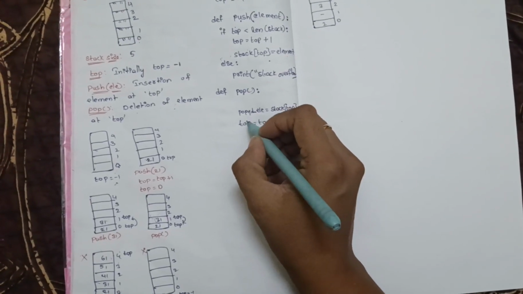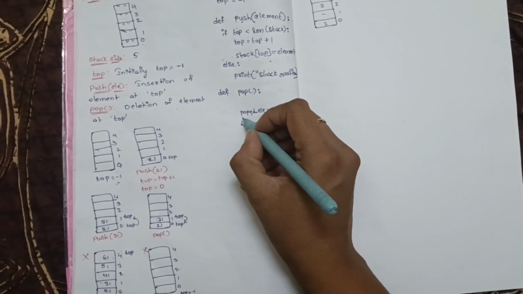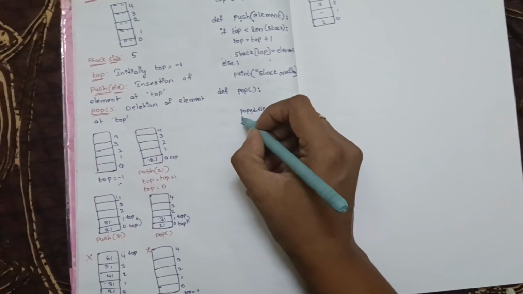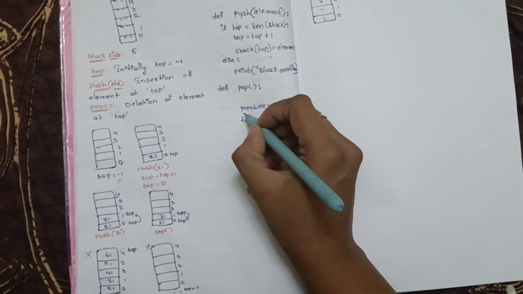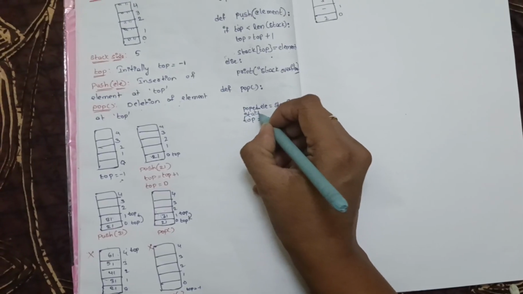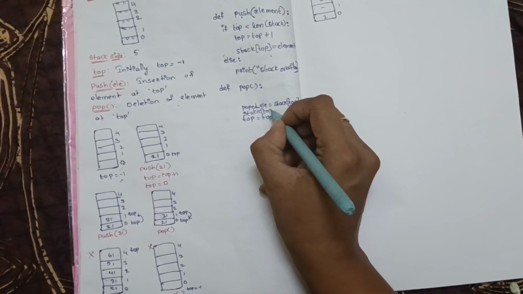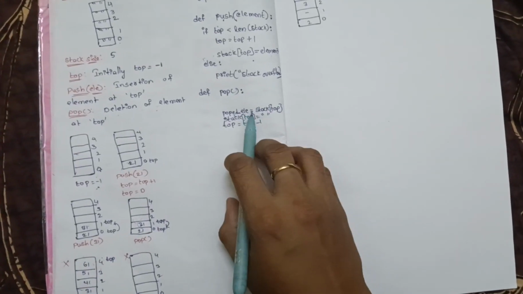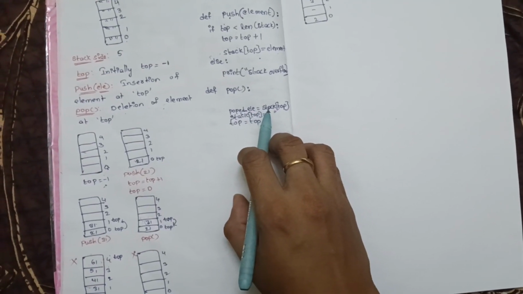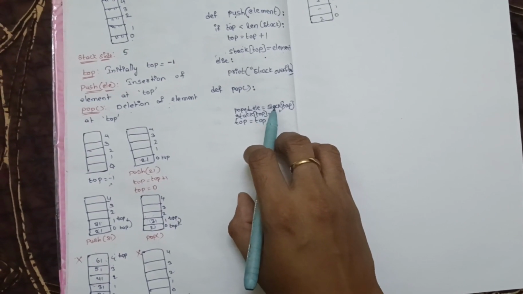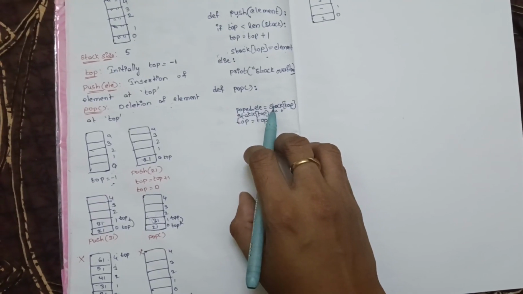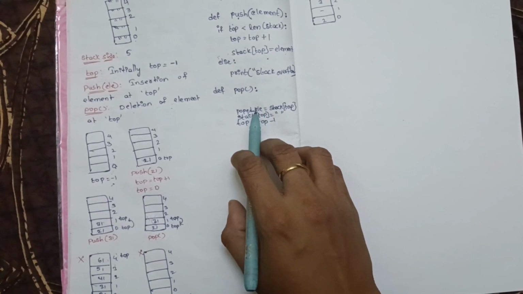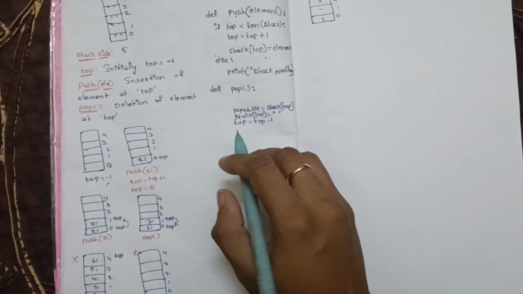Before making the decrement, I would like to make that place an empty variable. Now stack of top is equal to empty string. Whatever element is currently at the top index, I assign that value to the popped element variable for my further reference.